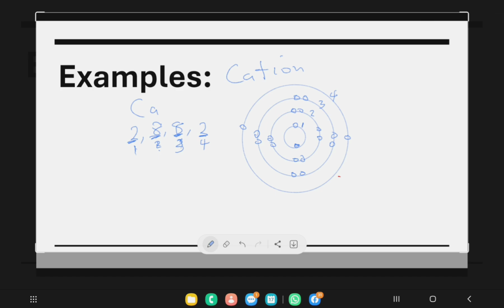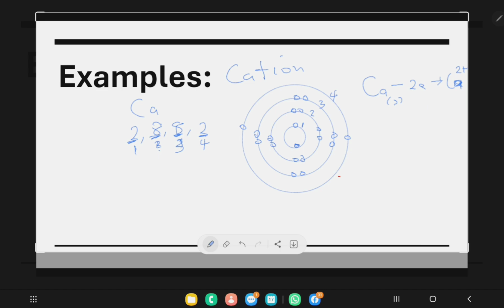This is the calcium atom. Now, when calcium ionizes to form an ion, to become a cation, what will happen is calcium will lose 2 electrons to become Ca2+, the calcium ion.